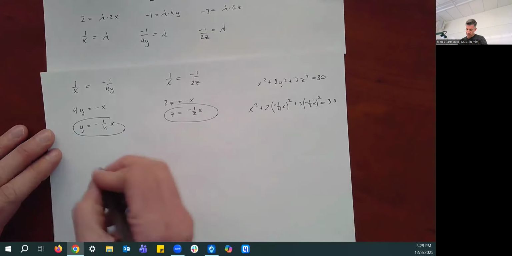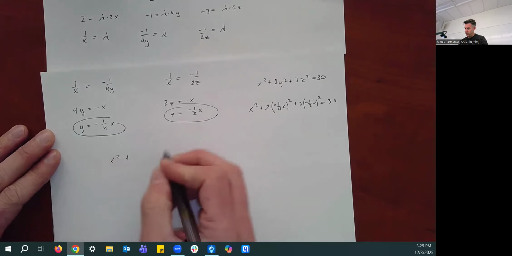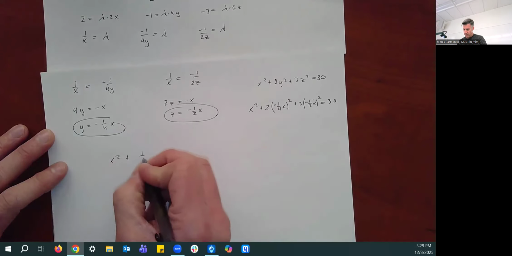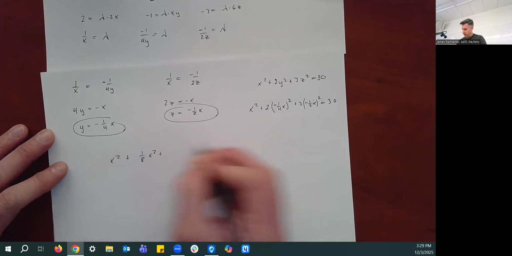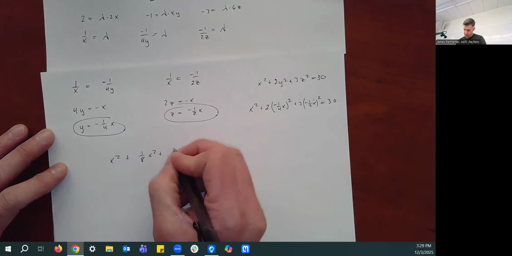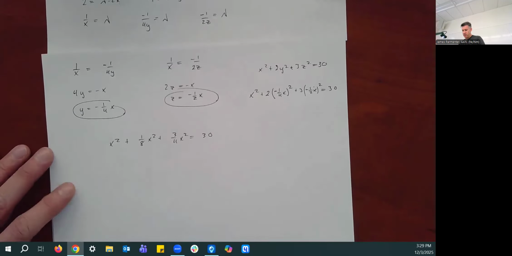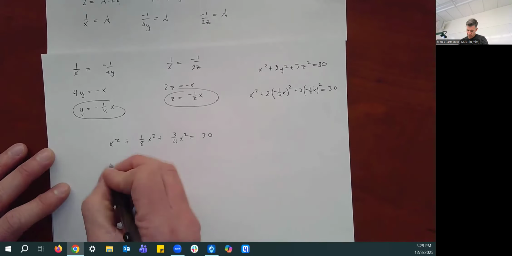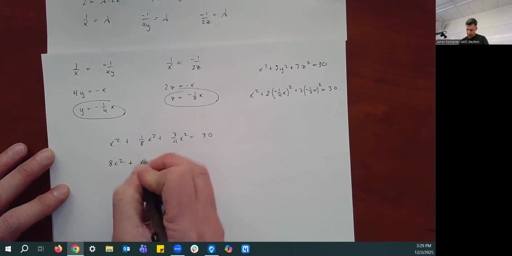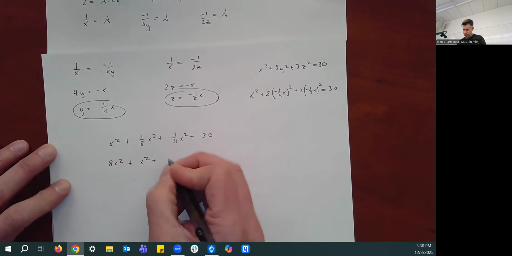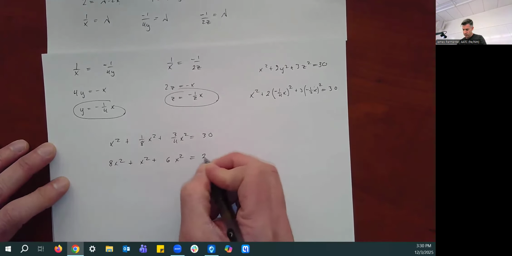So I've got x squared plus 2 times 1/16 is 1/8 x squared, and 3 times 1/4 is 3/4 x squared, equal to 30. And nobody needs to add fractions. Let's just multiply both sides by 8. 8x squared plus x squared plus 8 times 3/4 is 6x squared equals 240.